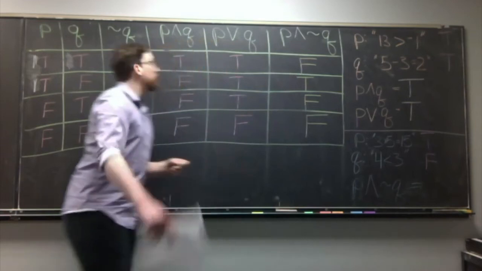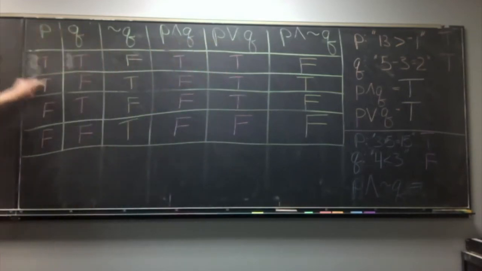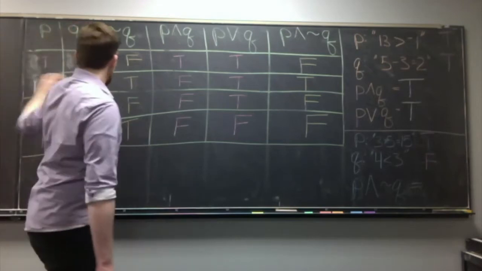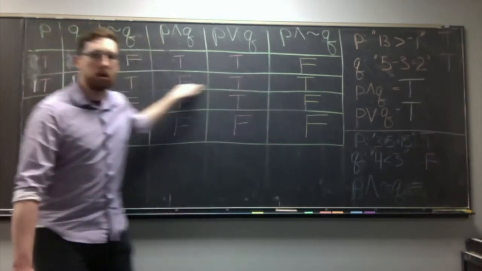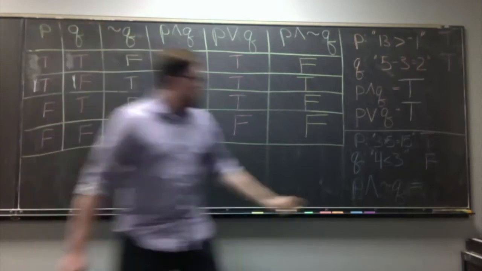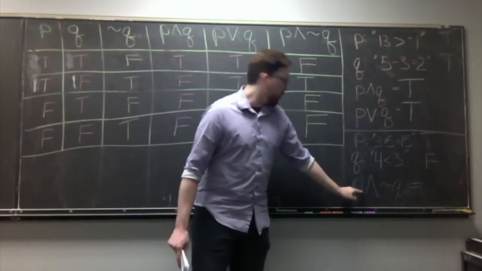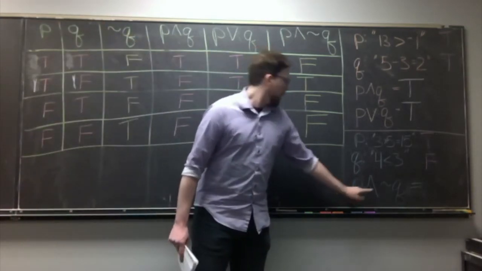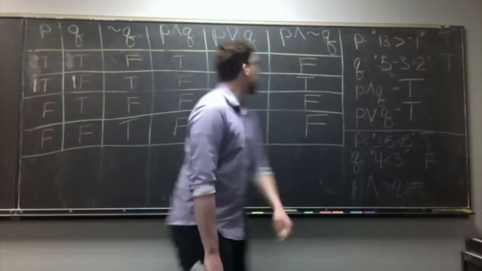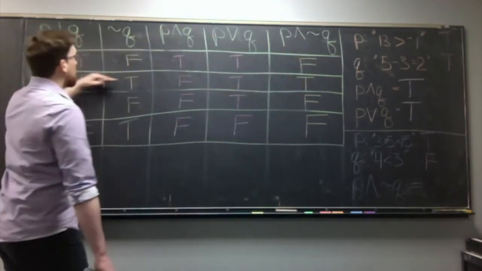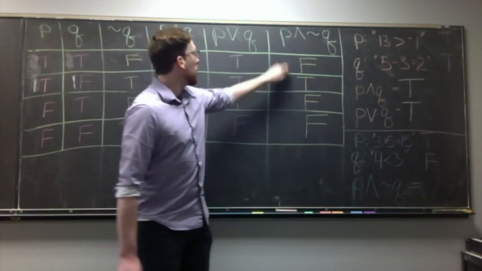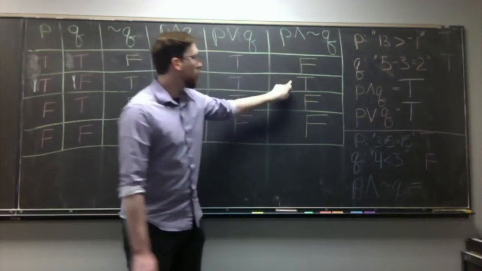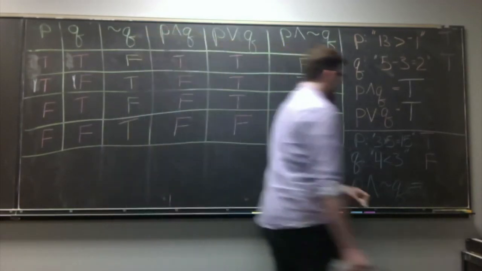That's false. So now we've determined we're in this case, the second row. So we now want to know what the truth value is for P and not Q. So we look at the second row, go over, we find P and not Q. That's true.